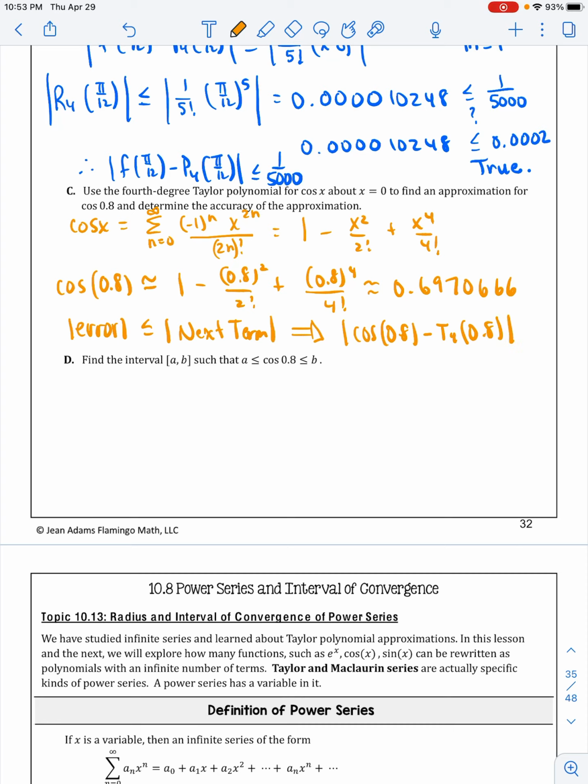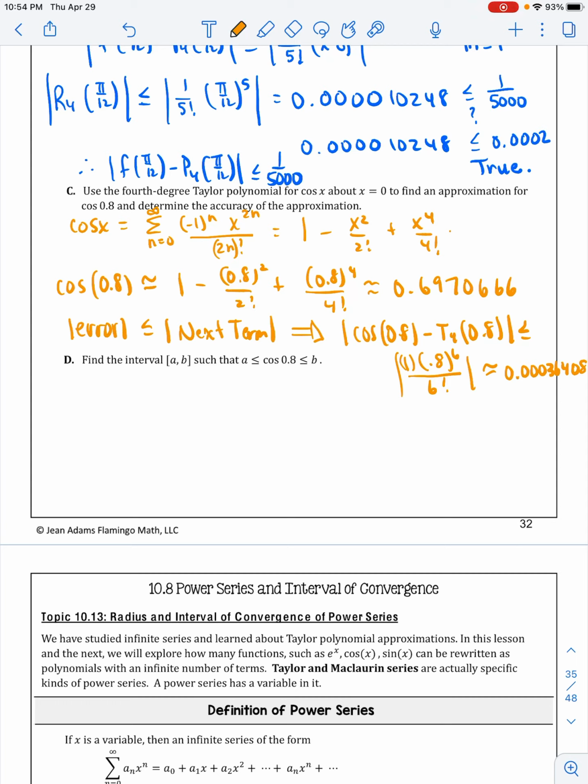And so we're going to say, okay, the absolute value of cosine 0.8 minus the Taylor polynomial sub 4 of 0.8 is going to be less than or equal to, and we've got our M to be 1 times our 0.8 minus 0, which is just 0.8, to the 6th power over 6 factorial, because our next term would have been 6. And that is approximately 0.000364088.